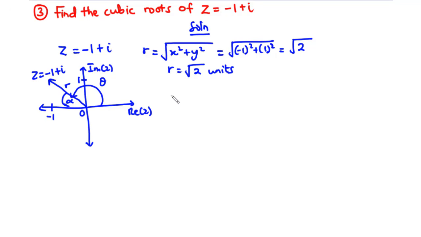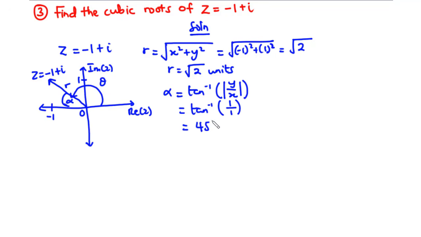Now let's find the value of the angle theta. So to do so, we need to first of all find the angle alpha. So alpha is equal to tan inverse of the absolute value of y divided by that of x. So this is equal to tan inverse of 1 over 1, and that is equal to 45 degrees. Therefore, we have alpha to be 45 degrees.